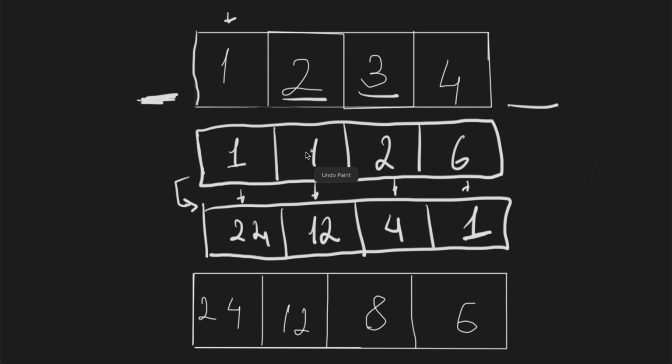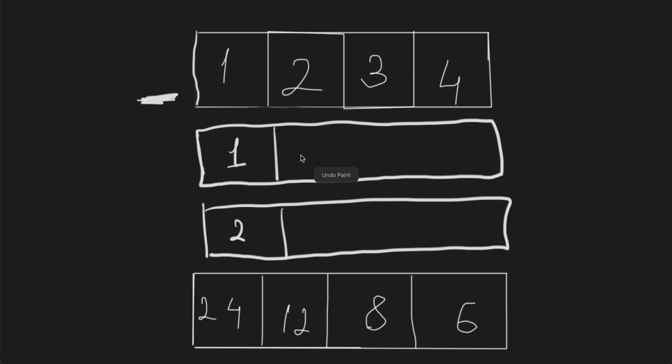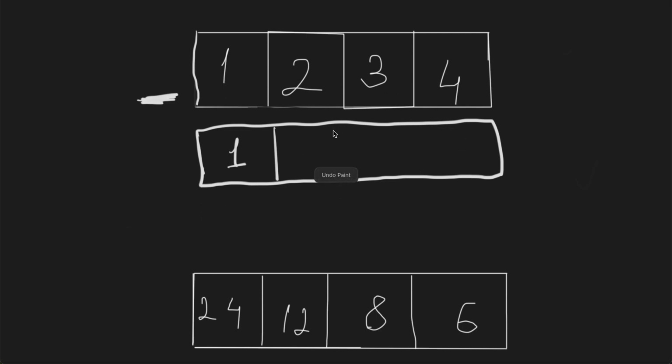So for example, let's make it an empty array. We didn't have any numbers here, so we just simply wrote 1 here. For 2, we put all of the previous numbers multiplied, and it's only 1.